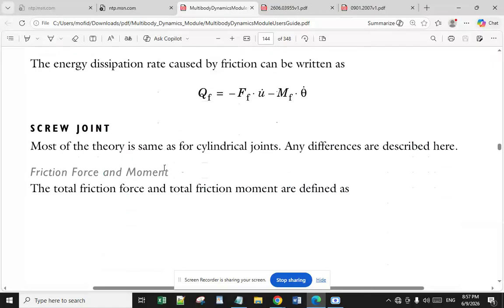Screw joint. Most of the theory is the same as for the cylindrical joint, and differences are described here. Friction force and moment.